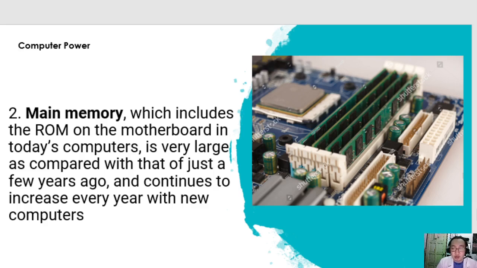Throughout the years, of course, these memories have increased. And the presence of cache, if you remember it from our previous video lecture, has also become an important factor in computer power.